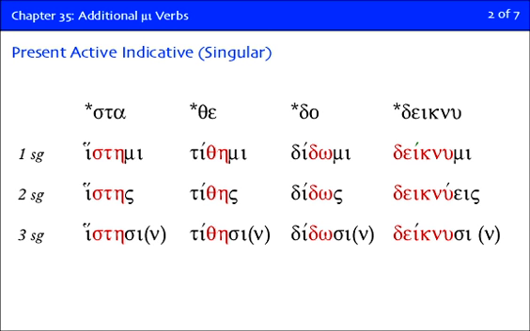Go one column to the left and look at Tithemi. Okay, Tithemi is the representative mi verb of mi verbs whose roots end in an epsilon. Do goes to dido, goes to didomi, and in the same way, the goes to tithe, goes to tithemi.